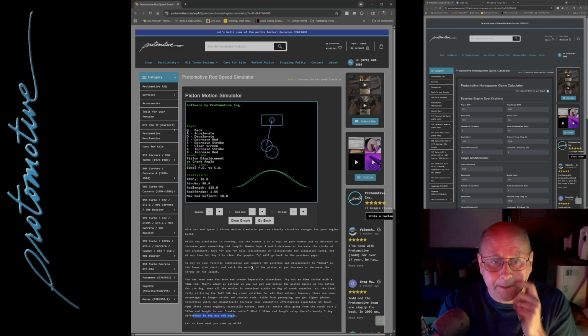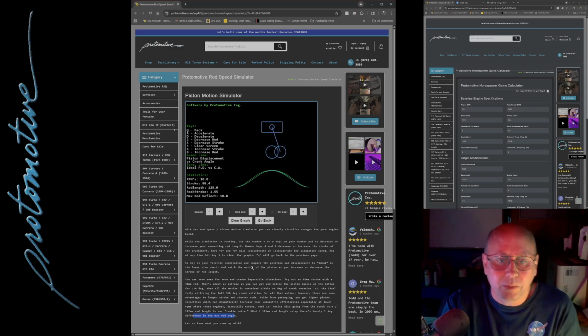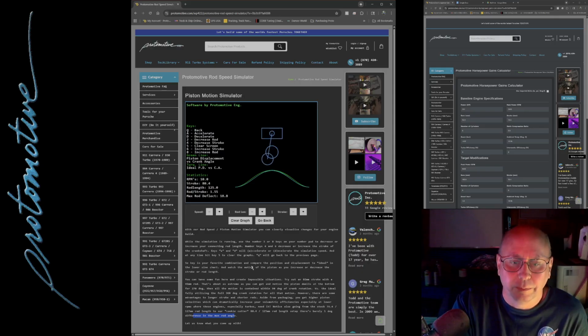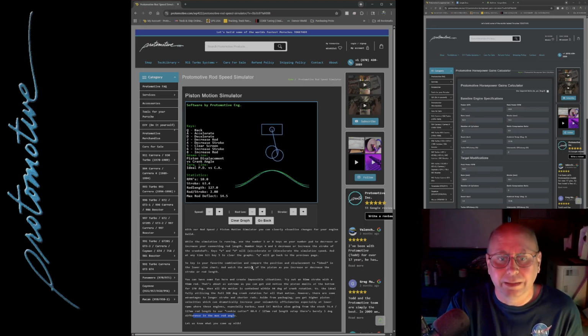So not huge. Now, if we take that all the way out to impossible numbers here. So let's decrease our stroke till we hit a 2-to-1, supposedly the ideal rod to stroke length ratio, which gives us a max rod deflection of 14.5 to 1.